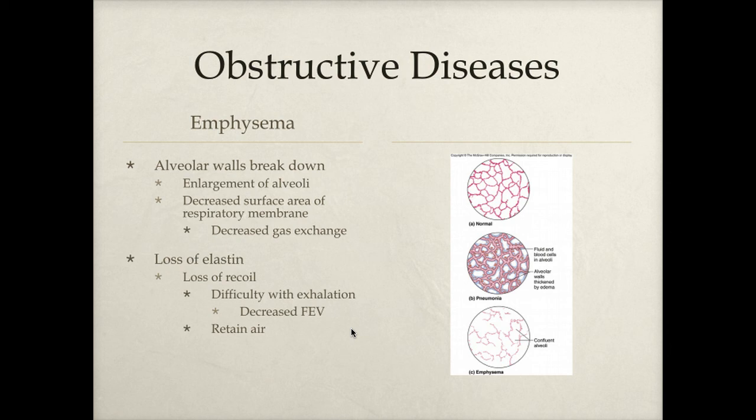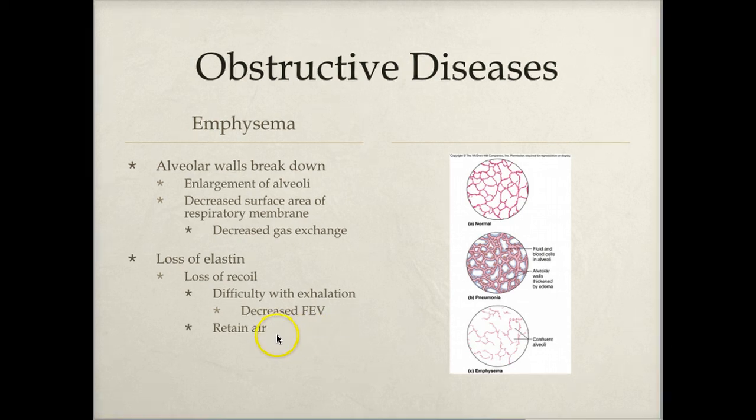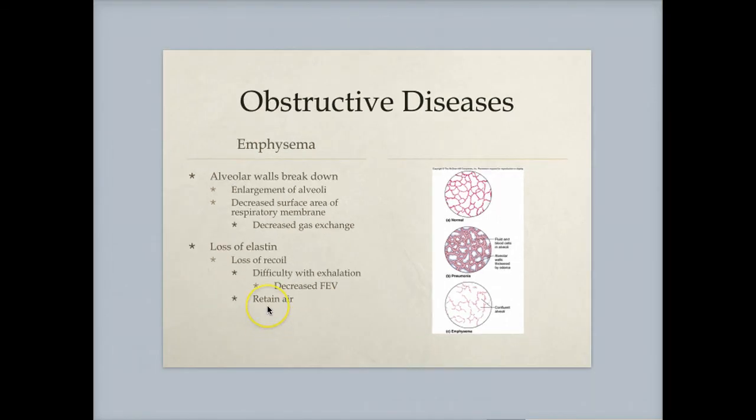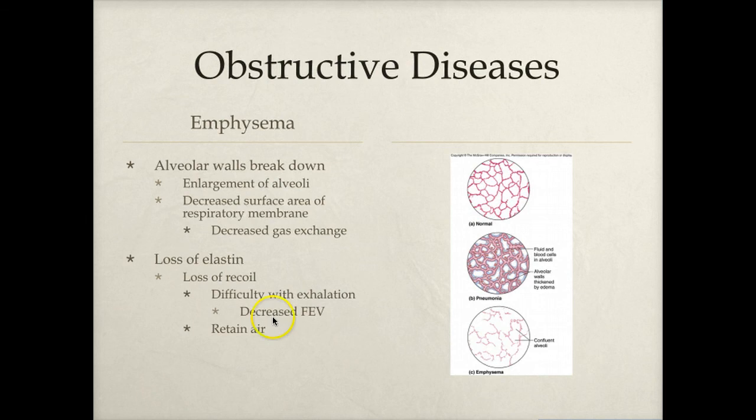So because there's a difficulty with exhalation and a loss of recoil, air is retained in the air sacs, and this air is basically stale. It's higher in carbon dioxide and lower in oxygen than normal.